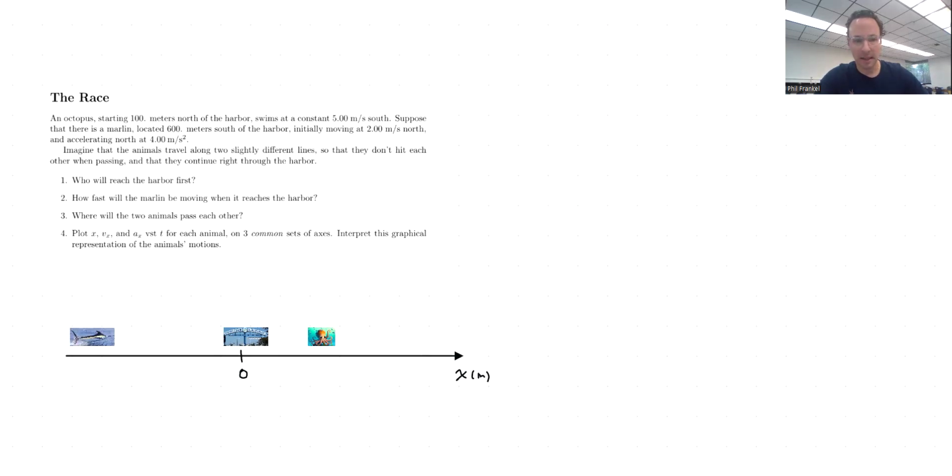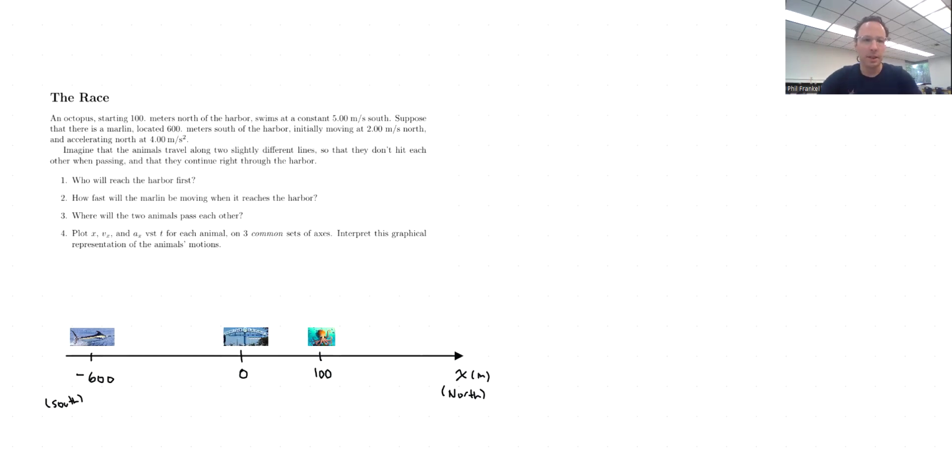So let me indicate that the octopus is at 100 meters and the marlin is at negative 600 meters. Note, I'm considering the positive x direction to point north and the negative x direction to point south.